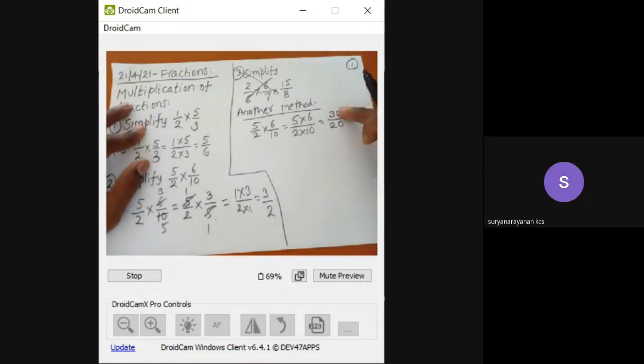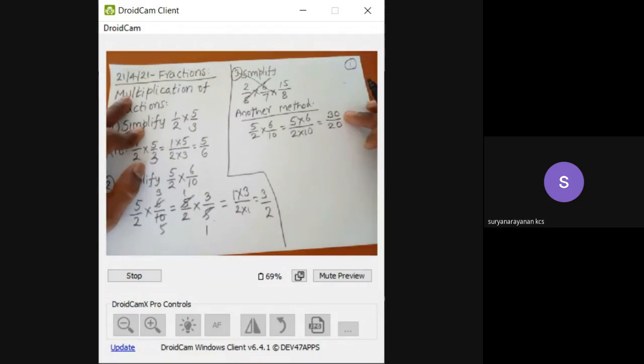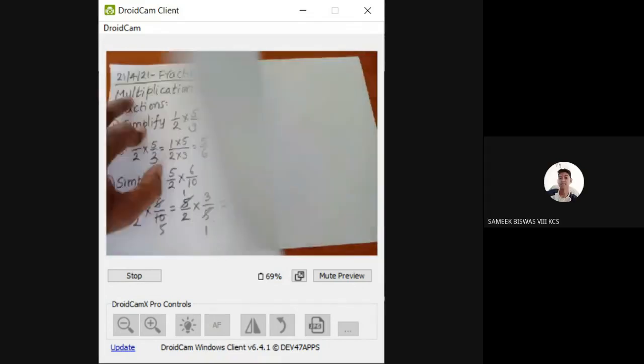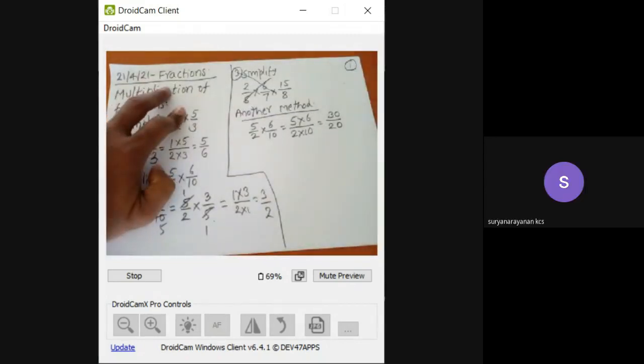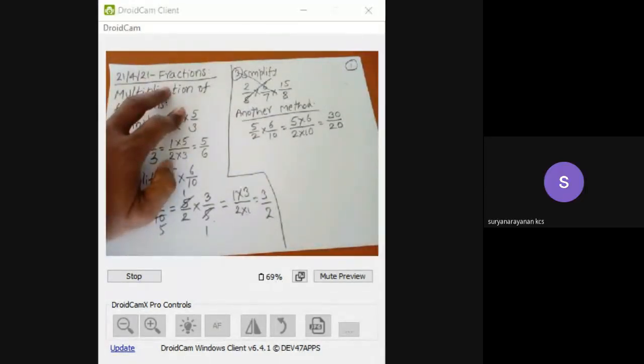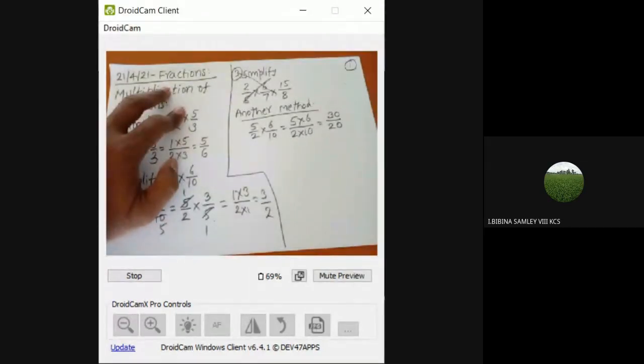Here for 30 and 20, here also we find HCF. What is the HCF of 20 and 30? Sir, instead of finding HCF, we can directly cancel with 10, no, sir?